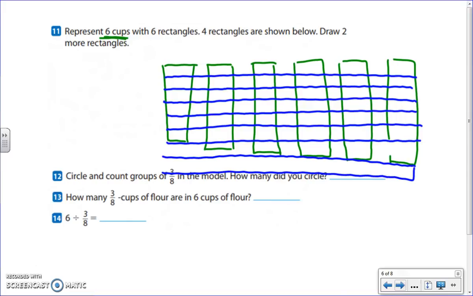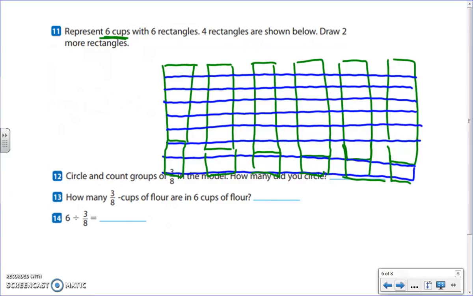Okay, so I'm going to make this model just a little bit longer. Make my rectangles a little bit longer here. Okay, and so we can count now how many 3/8 there are in 6 wholes. So I drew the line straight across all the way just to try to keep the pieces about the same size.